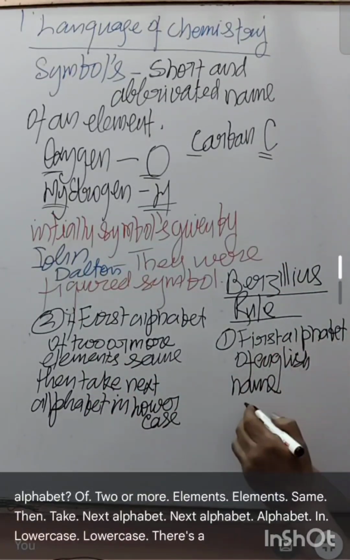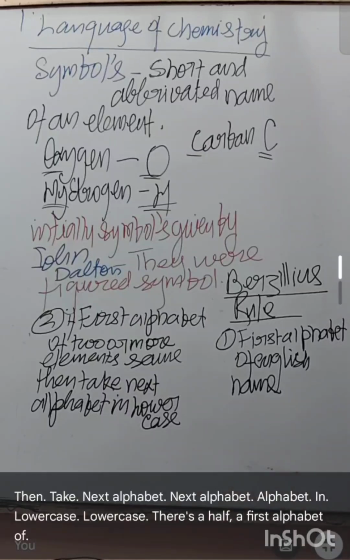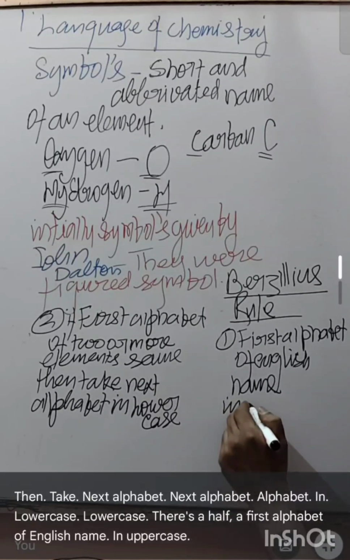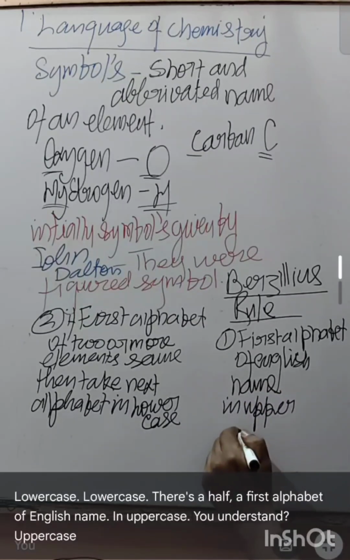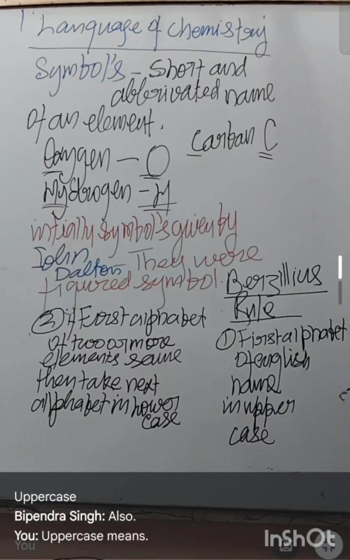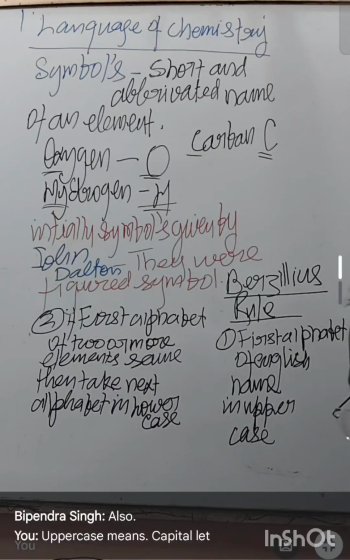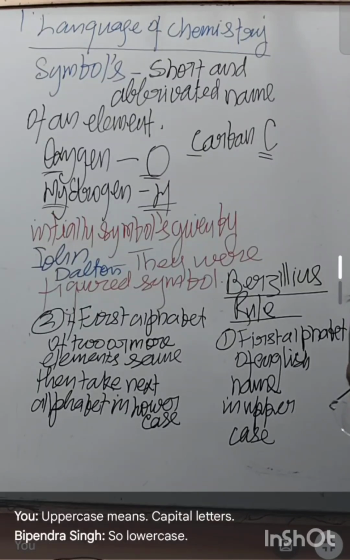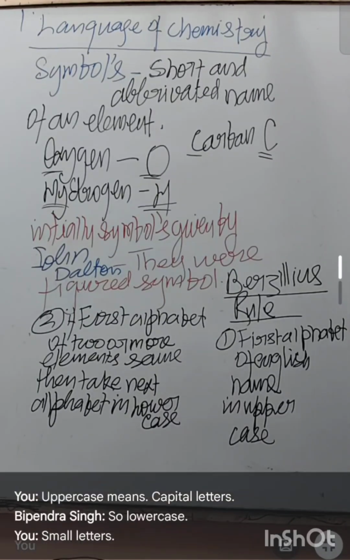Here the first alphabet of the English name is in upper case. You understand upper case? Upper case means capital letters. Lowercase means small letters.